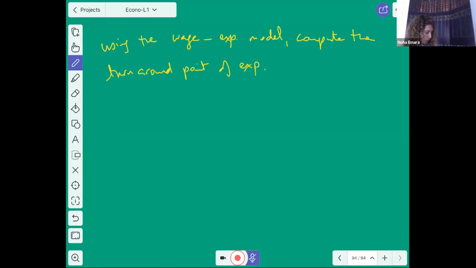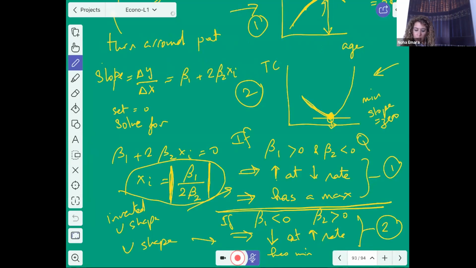If you look here, this is what you need to use, and this is based on solving for X. All I need to do is get beta 1 over 2 beta 2, and take absolute terms to avoid negative values, because I'm not working with the negative side of X.